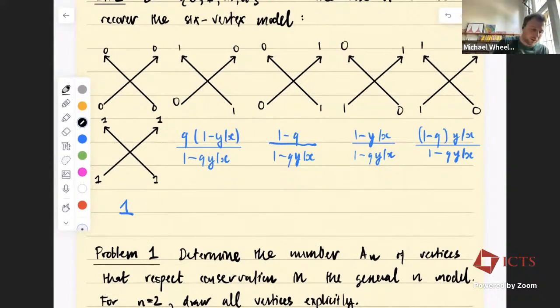So instead of having a single color that goes through this edge, I can have multiple colors. So it's possible to define stochastic weights for these models as well, but I'm not going to talk about that at all. So if you're really talking about the honest 6-vertex model, this is the most general version.